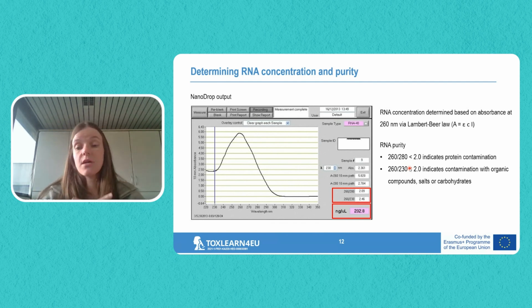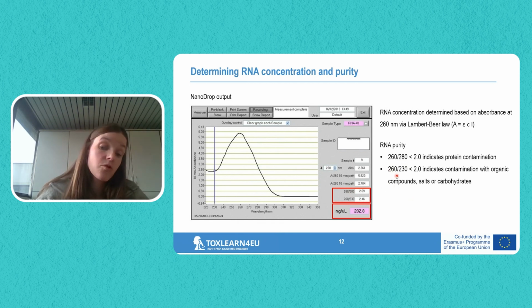So this means that there is a high level of proteins inside your sample. This is something you want to avoid because proteins can interfere with, for example, PCR reactions more downstream in the qPCR process. And the reason is that proteins have a maximal absorbance at 280 nanometers.